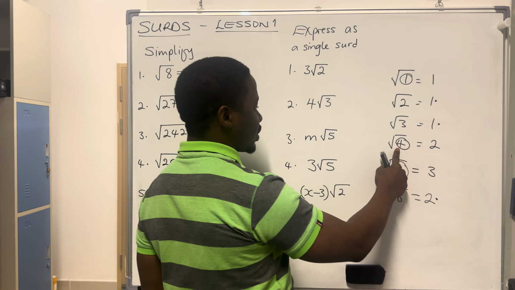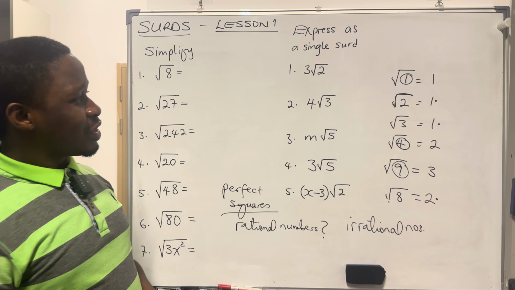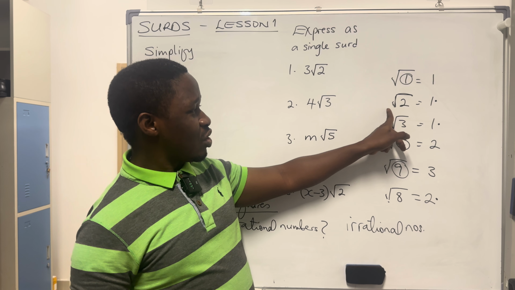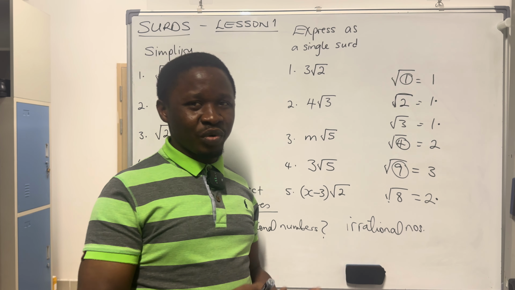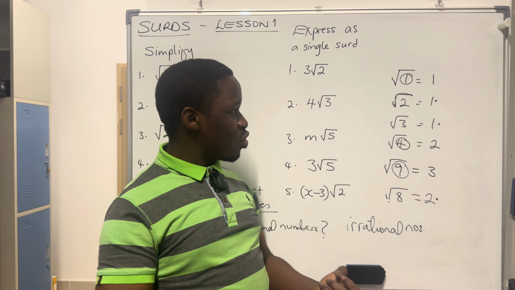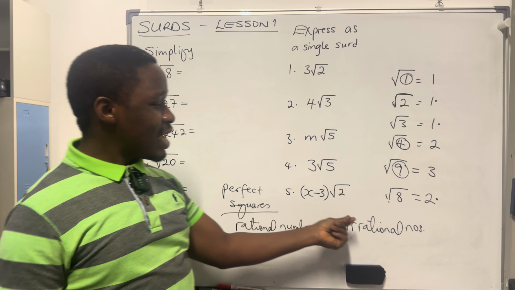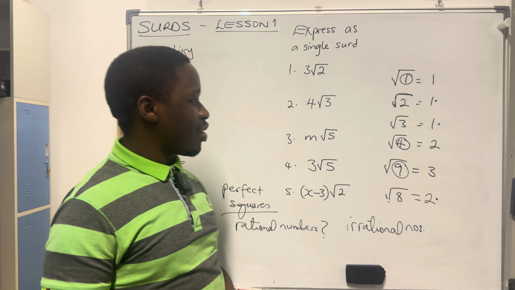And the irrational numbers are what we uniquely call surds. So surds are numbers whose square roots are not whole numbers. When you find the square root of a number, it doesn't give you a whole number. So this is the one we call surds. They are irrational numbers.